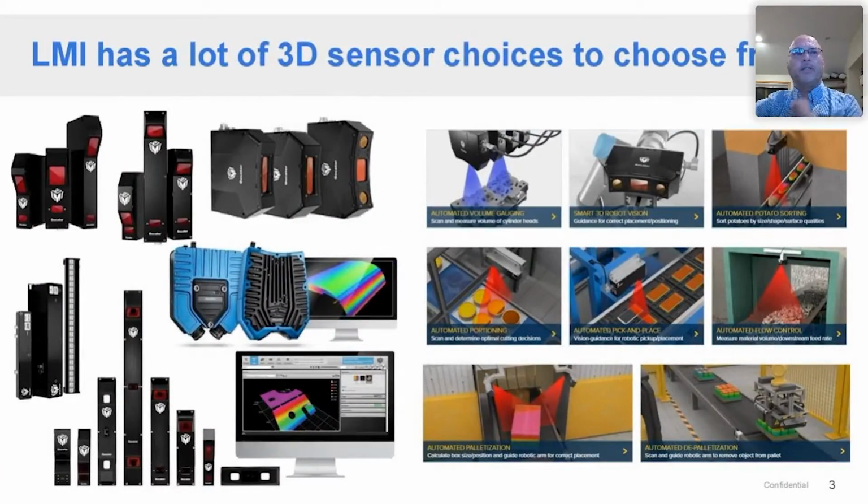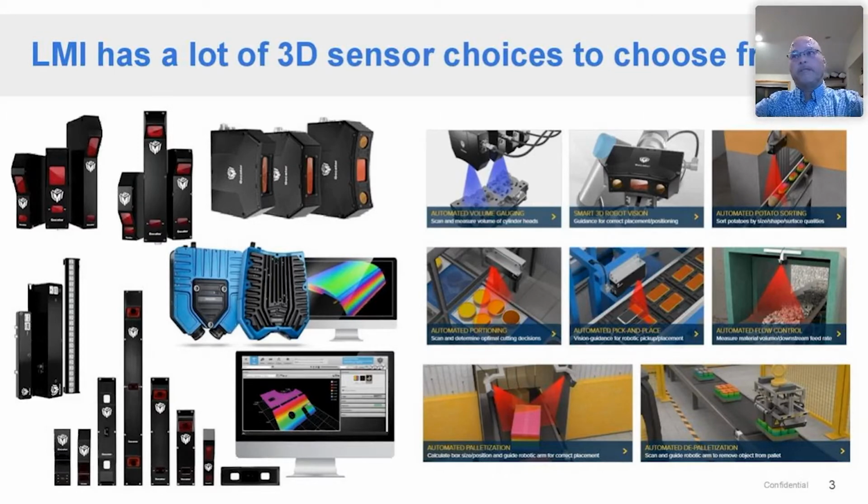But the main reason that we need a pyramid of greatness is that there are a lot of choices. Even within the LMI portfolio, we've got laser sensors, we've got snapshot sensors, we've got red and blue and infrared lasers, we've got line confocal sensors. We have fields of view that span a huge array.